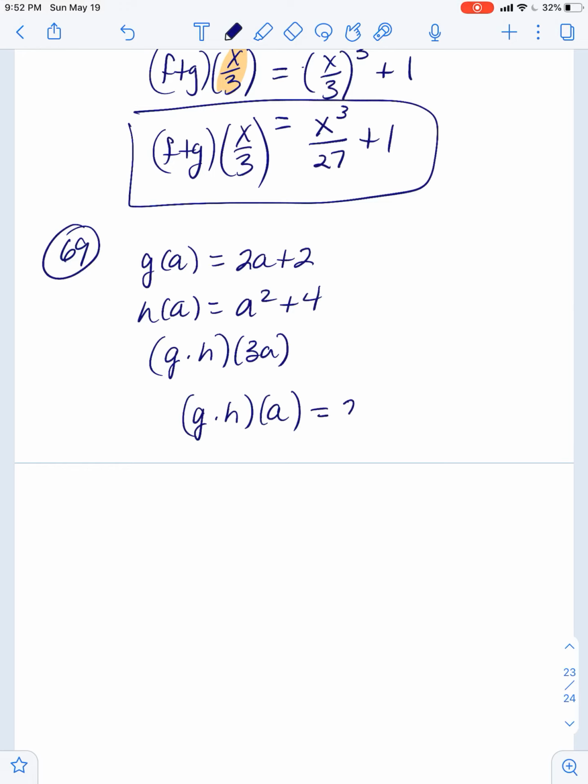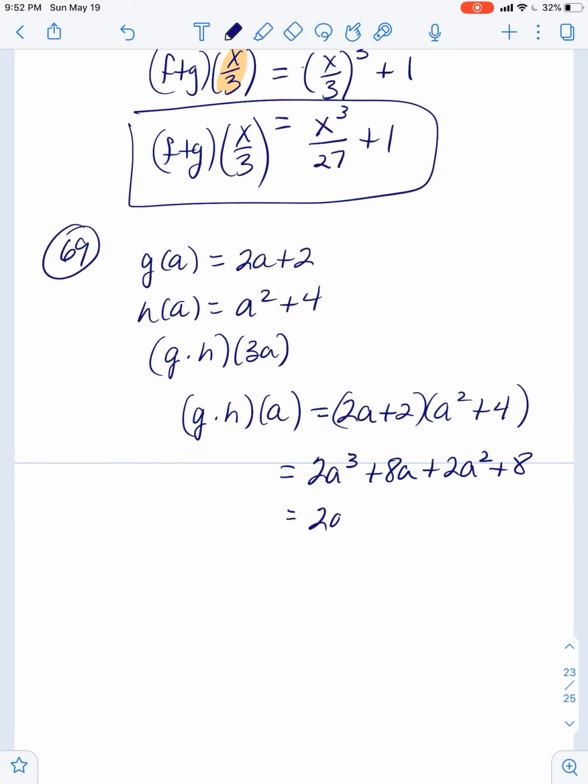And just multiply these two. So this is just a FOIL. So 2a cubed first, outside, inside, and last. And then let's put them in descending order. Okay, so that's what g times h of a is.